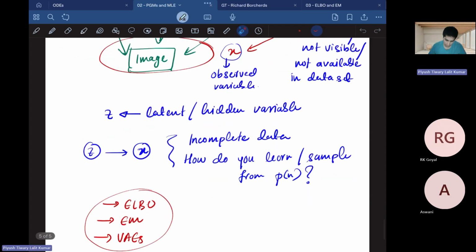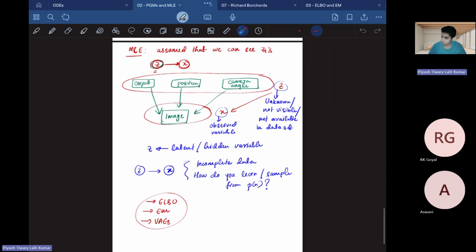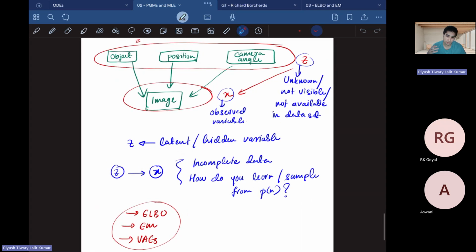In such a setting where there is a hidden variable involved, this is what is called incomplete data. So you don't have access to the full data; the variables that you are observing are only partially observable.